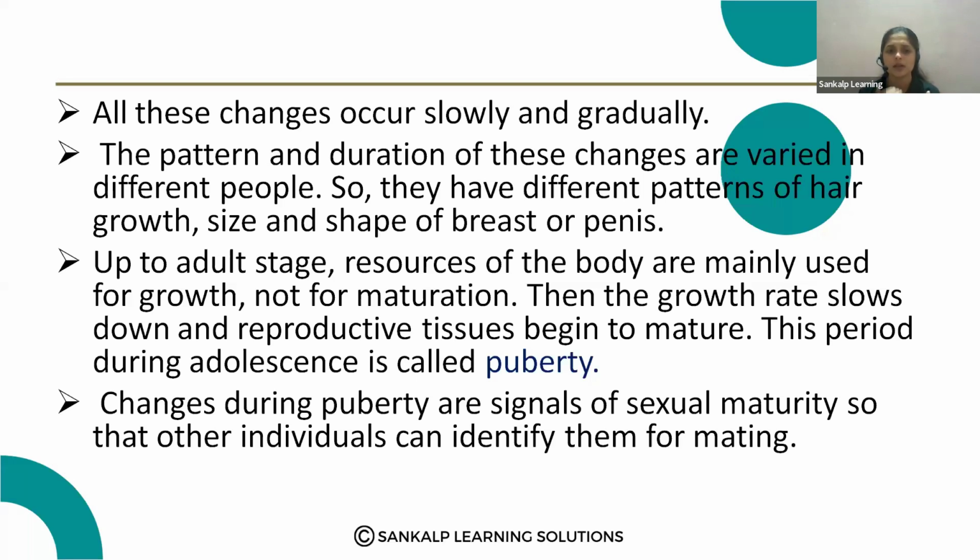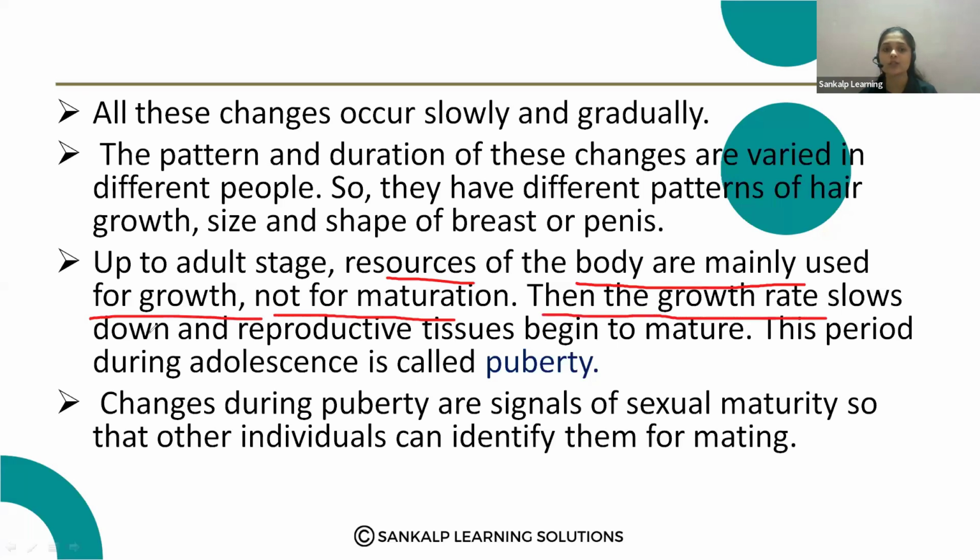That is also an indication of the growth. Body growth is fast. Up to the adult stage, resources of the body are mainly used for the growth, not for the maturation. The body is not mature till then.